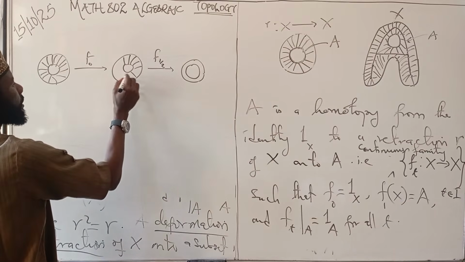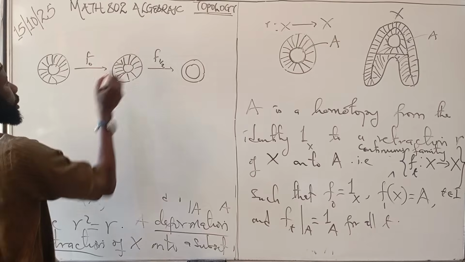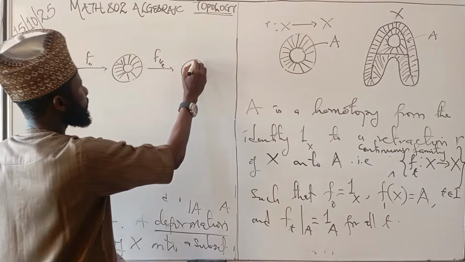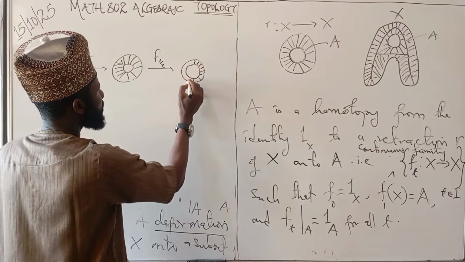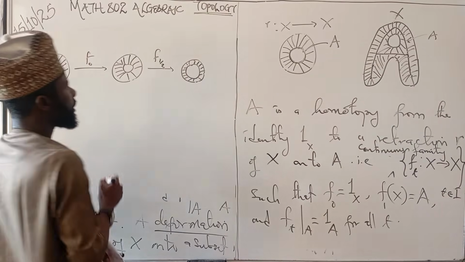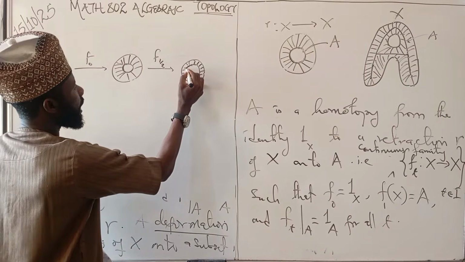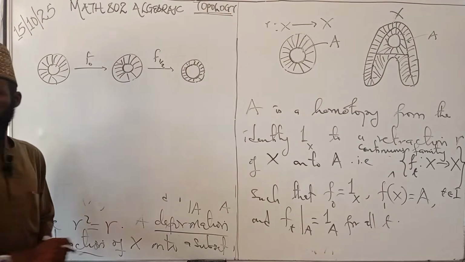So F0 did not change anything. But then F half has almost gotten the entire space to the cycle. But notice that members of this central cycle are fixed throughout the process.